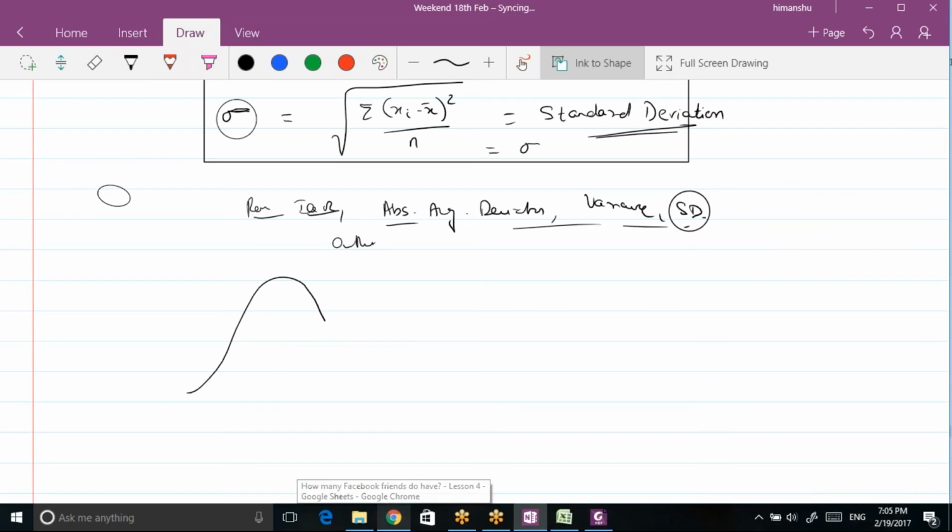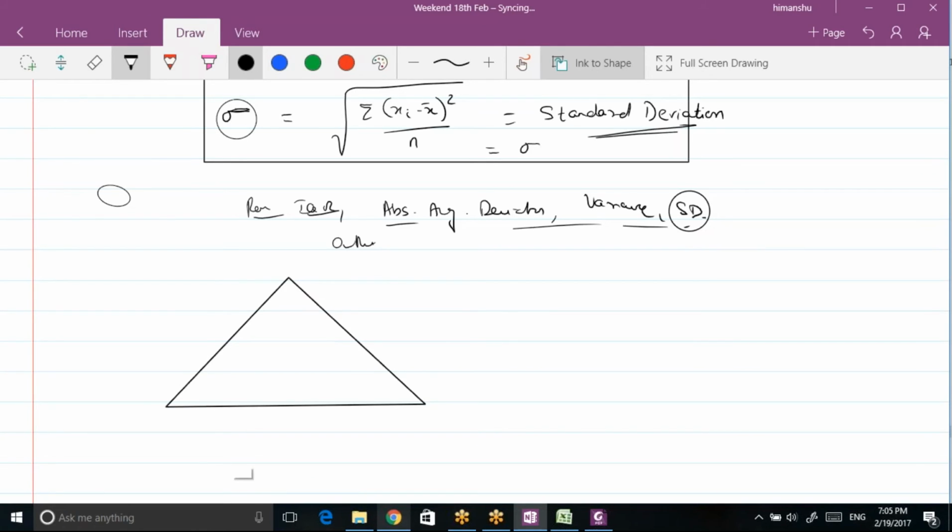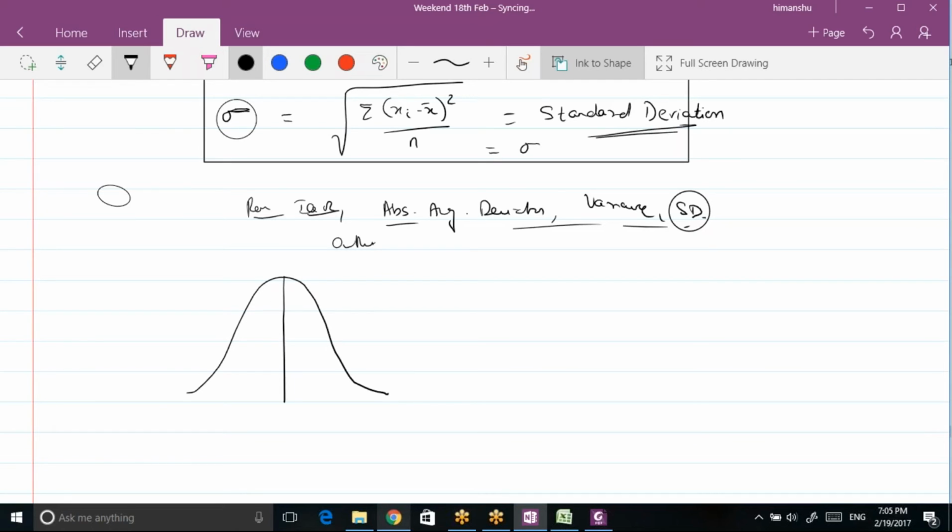The answer is, suppose I have a normal distribution. Suppose this is my mean mu and sigma is my standard deviation. If I go to the right of mu by a distance of sigma, this is mu plus sigma. If I move to the left again by a distance sigma, it is mu minus sigma.